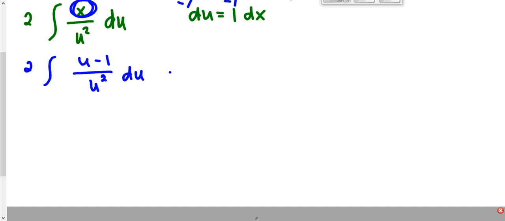That means that we can also say that this is 2 times the integral of, and divide each of those terms. So we can divide u by u squared, and we can divide negative 1 by u squared. So this one is more just simplifying before we actually integrate.